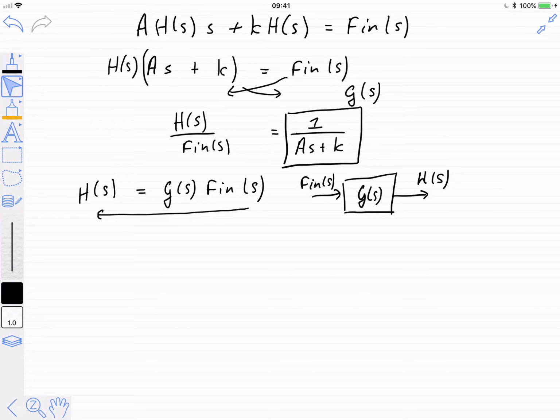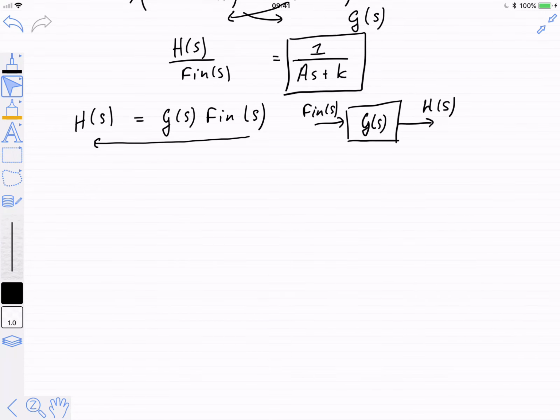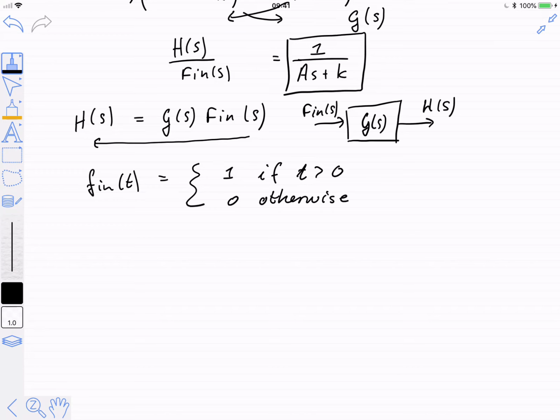I've got the transfer function, and solving for h of t becomes simple now, because I take my f in of t, which I'm going to say is something like this. Now that's known as the unit step.